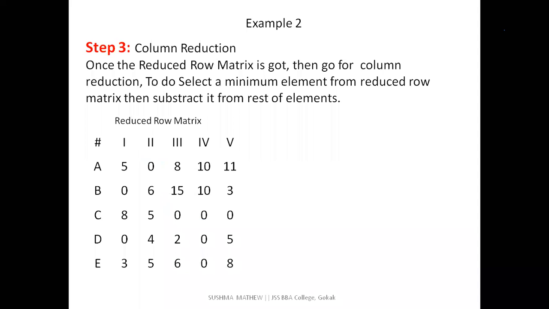And then from that element, you have to subtract the rest of the elements. So in the first column, the minimum element is 0. Then in the second column, minimum element is 0. Third column is also minimum element 0. Fourth column.